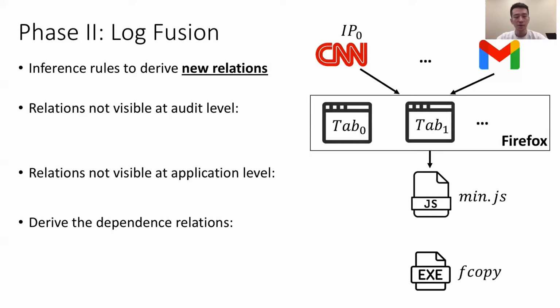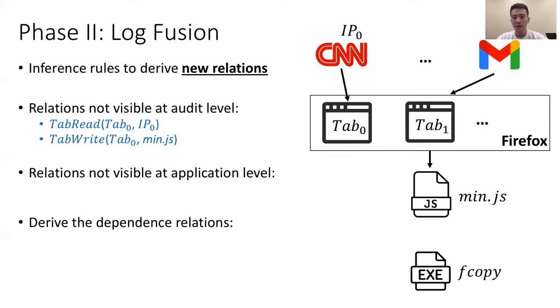For example, in the same case, we can derive tab read tab 0 IP0. From this relation, IP0 is mapped to tab 0. And with this relation, IP0 is directly connected to tab 0.